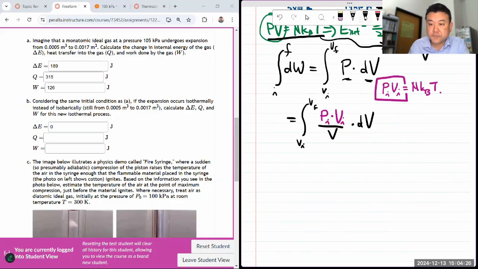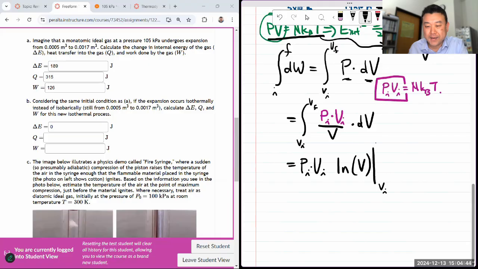Let me factor out the stuff that factors out of the integral: Pi times Vi. The integral of 1 over V is the natural log of V. It's one of the integral formulas you used to have memorized. Integrated from Vi to Vf, those are my limits. So just quickly working this portion out, it's technically ln V final minus ln V initial.